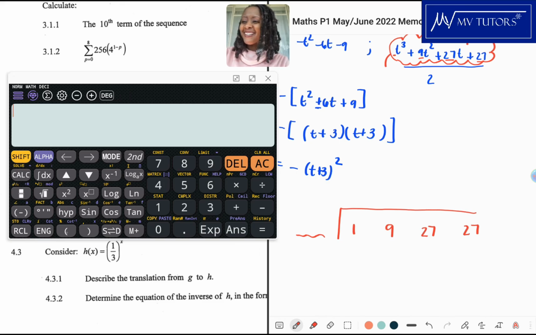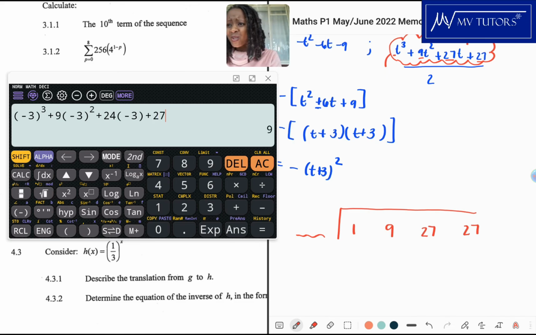Let me start again. So I have -3 cubed, plus 9 times -3 squared, plus 27 times -3, and then plus 27.